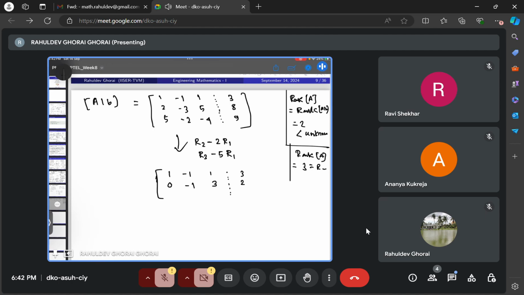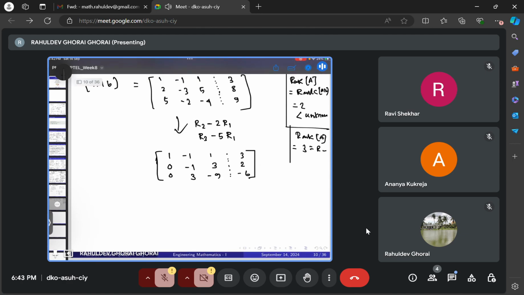For R3, I also make the first entry 0: plus 5 minus 2 is 3, and 9 minus 5 times 3, which is 15, gives minus 6.